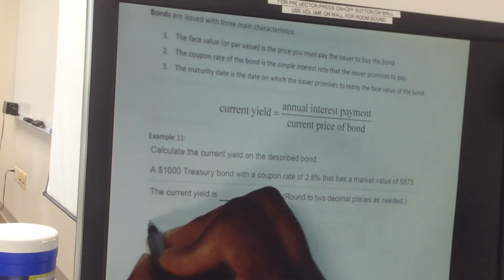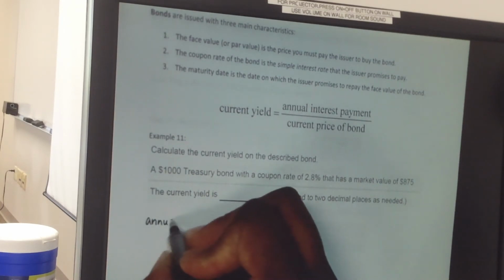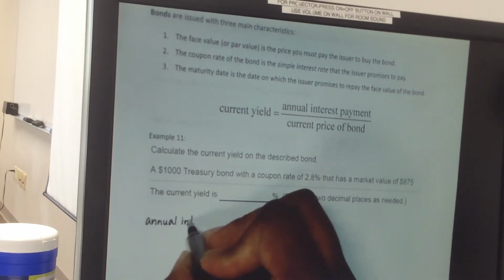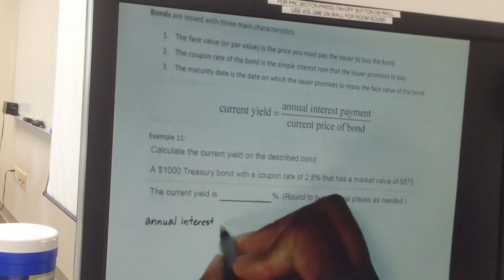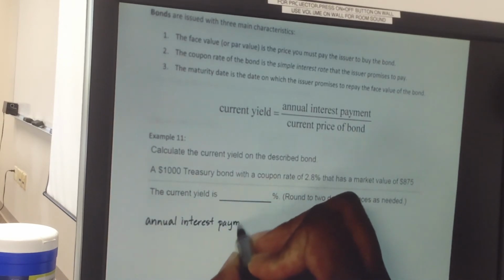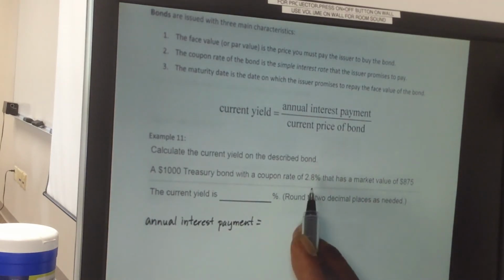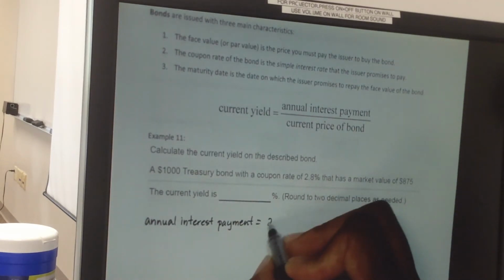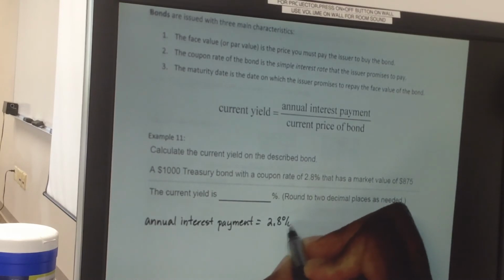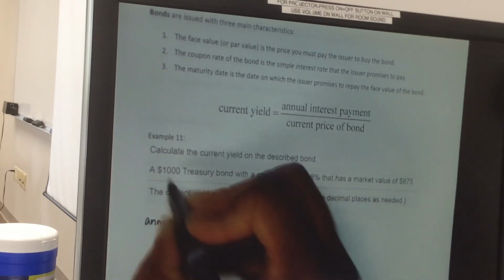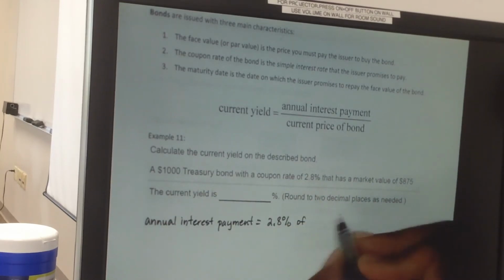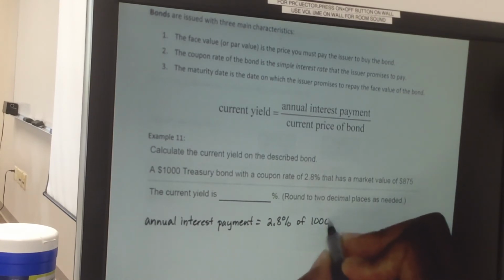All right, first of all, I need what the annual interest payment is going to be. The annual interest payment is always going to be the coupon rate of 2.8% multiplied by the amount of that bond, $1,000.